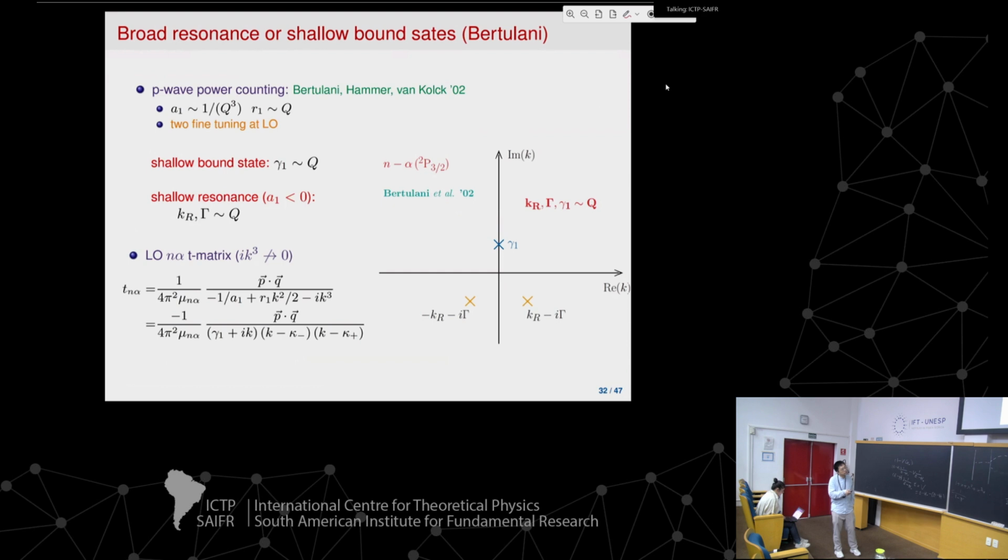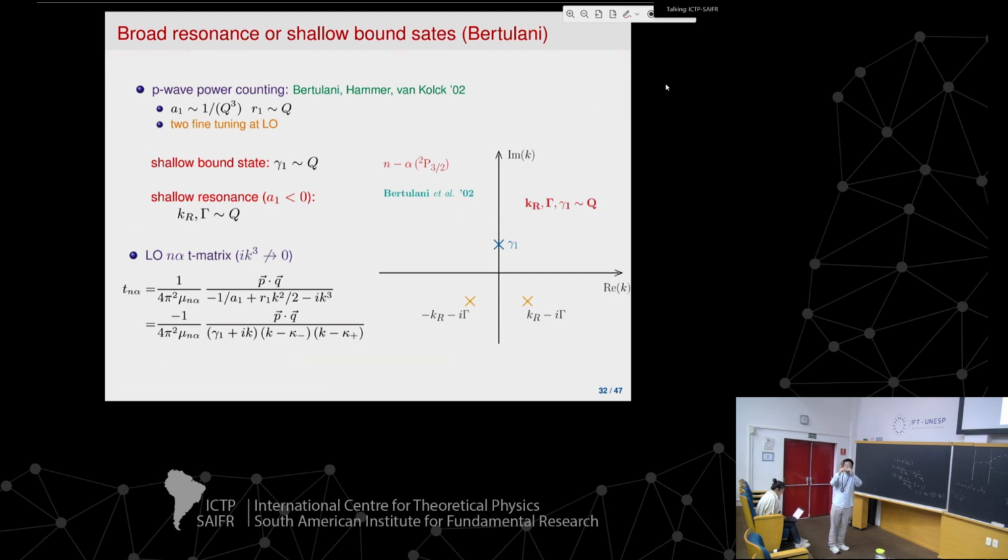So these two resonance poles come together. For this case, the binding momentum is of the order Q, and both the position of this resonance, Kr, and its width are at the order of Q. So it's a broad resonance, which means that its width is of the same order as the position.